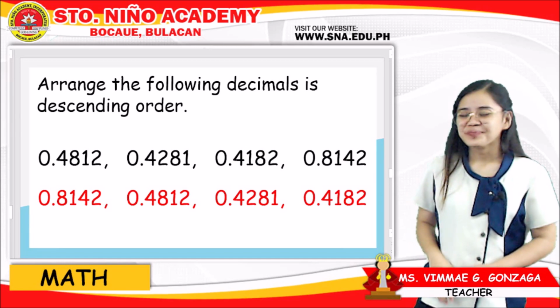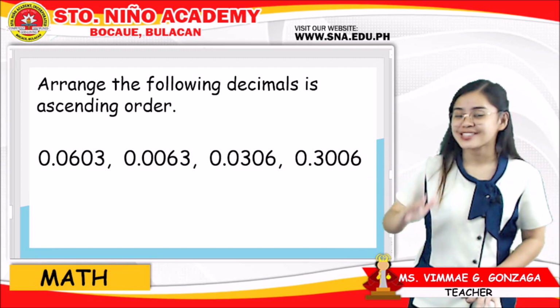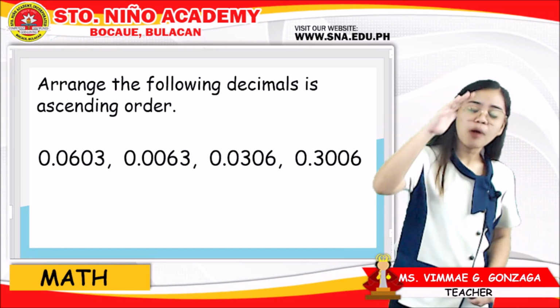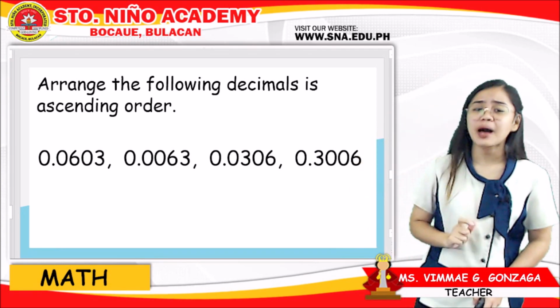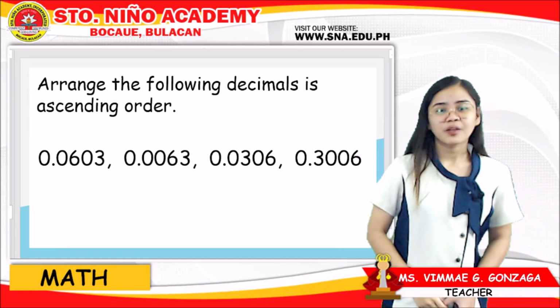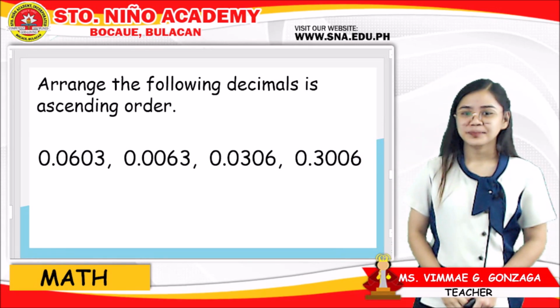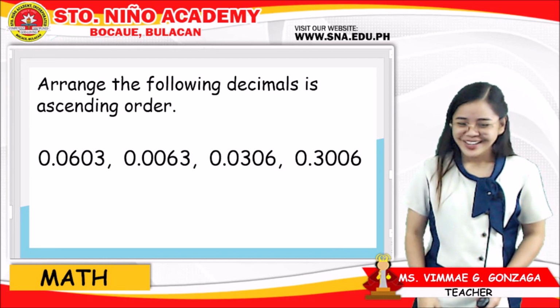Now, let's arrange this decimal number in ascending order. Kapag sinabi ng mga ascending order, smallest to greatest. Magsisimula tayo sa may pinakamababang digit or number, decimal number. Very good.